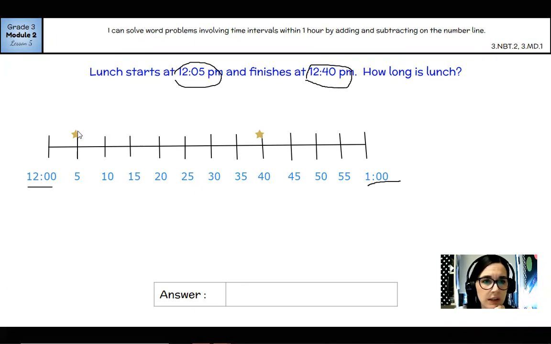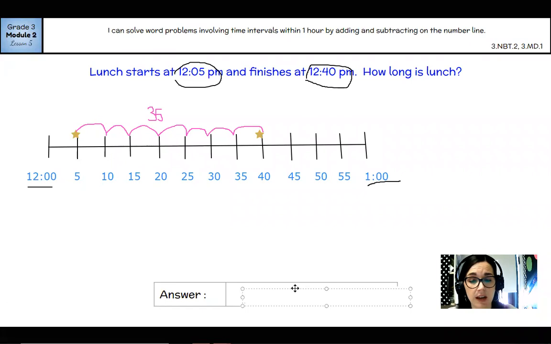So I'm just going to go ahead and count my intervals. So this is 5, 10, 15, 20, 25, 30, 35. So lunch is 35 minutes.